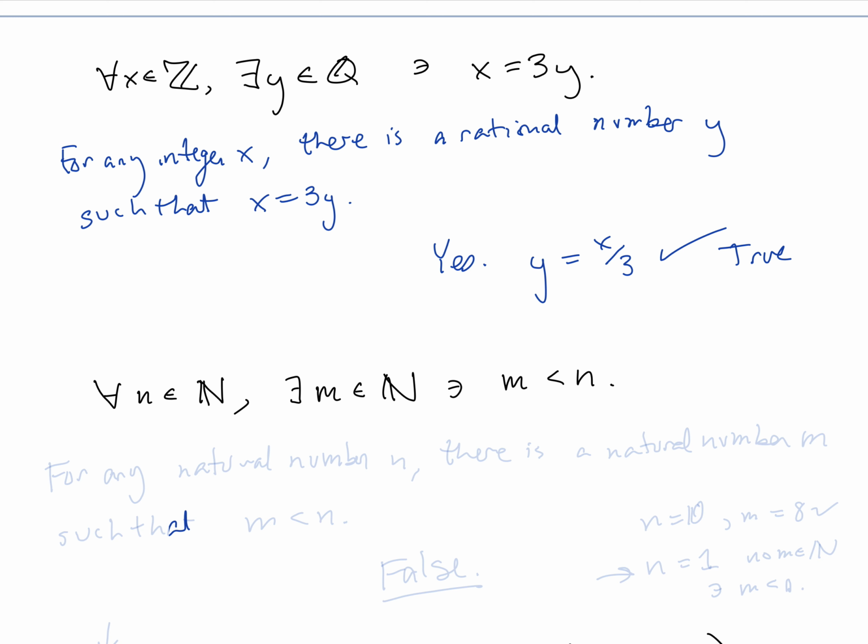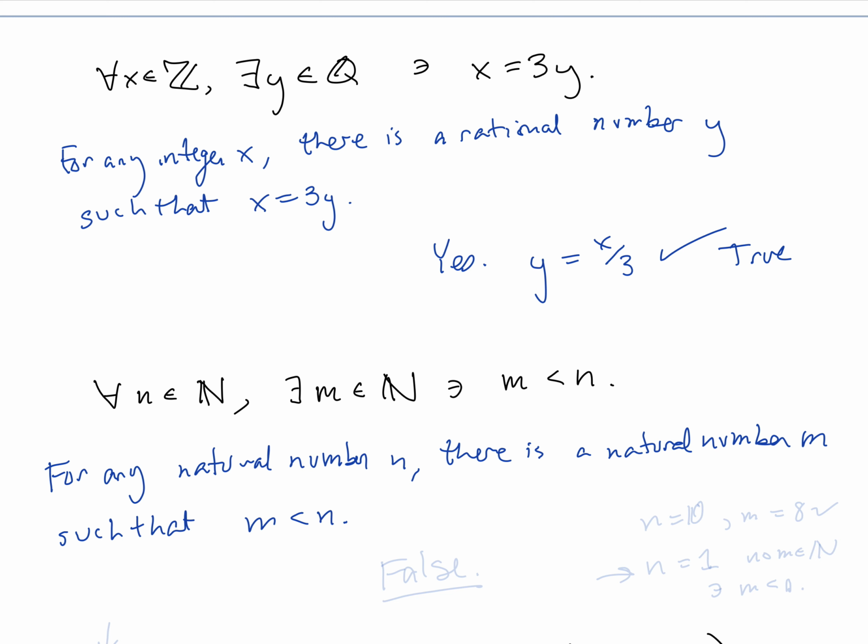Next, for any natural number n, there is a natural number m such that m is less than n.